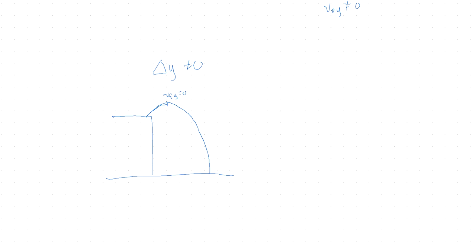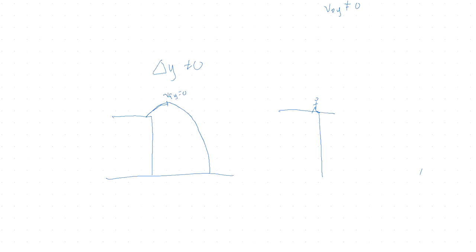Pwede mo rin itapon yan. Kunwari, tinapon mo naman pababa. No? Ganun. So, meron kang initial velocity. Mali yung drawing ko. Ulit. So, meron kang initial velocity. Tinapon mo pababa. So, yung angle mo is not 0. But your angle is negative theta, no?